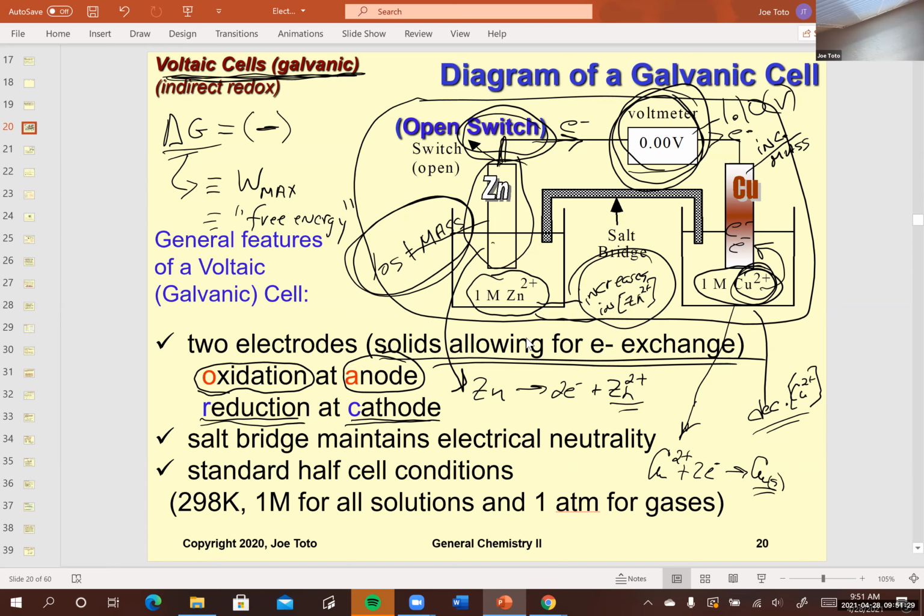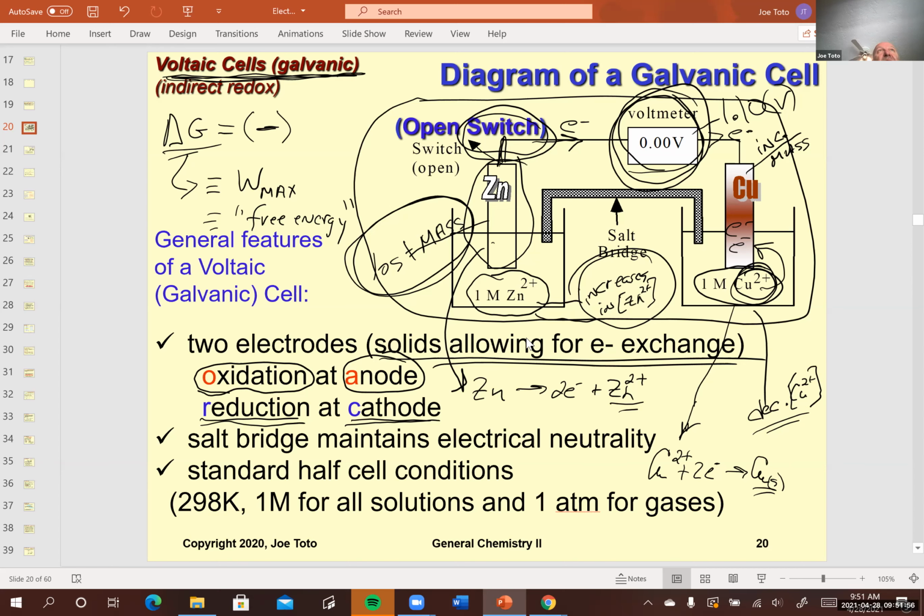Any questions on that? So I think that's a pretty good introduction to batteries and how they work. So you have something that's preferentially reduced, connected in some way with a wire to something that's preferentially oxidized compared to each other.